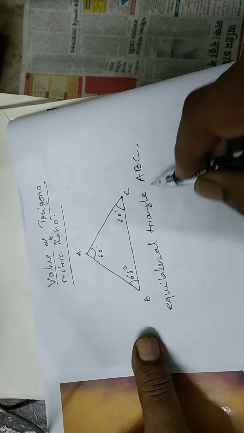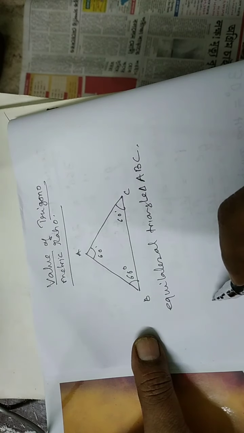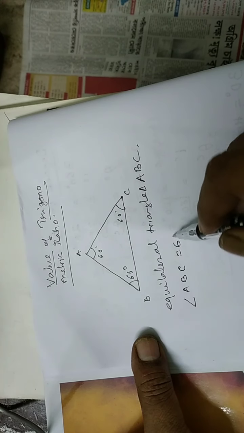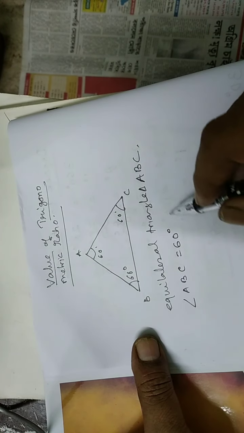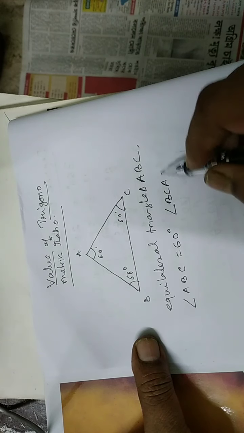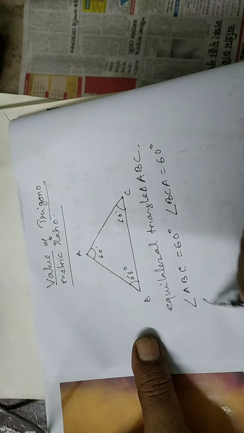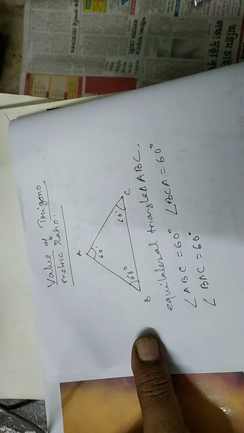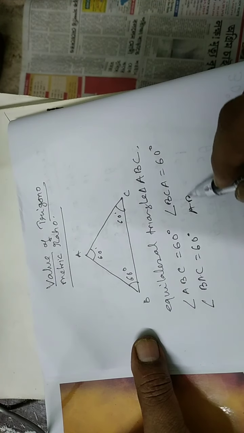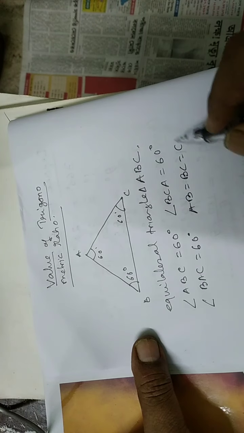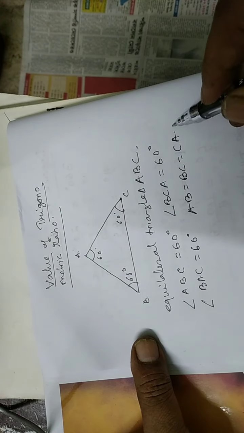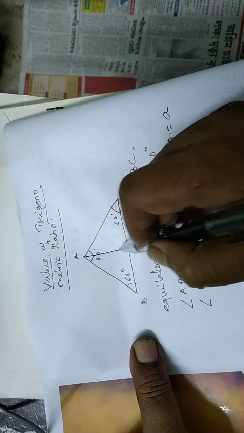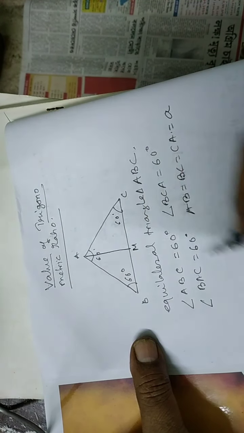So angle ABC equals 60 degree, angle BCA equals 60 degree, angle BAC equals 60 degree. AB equals BC equals CA, equal to say a.